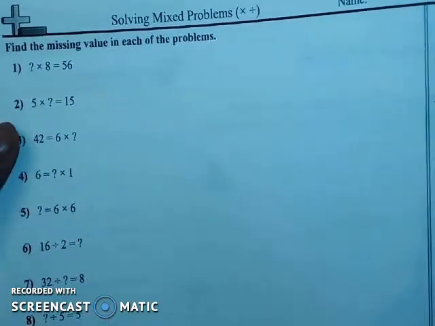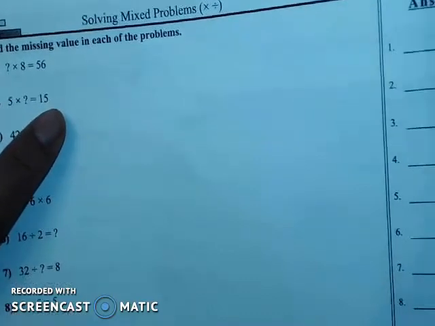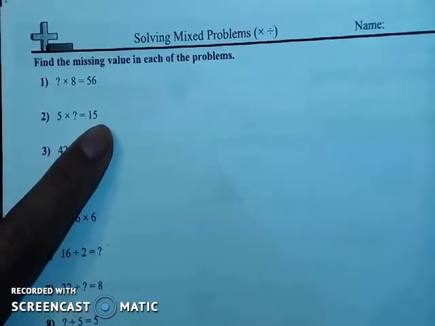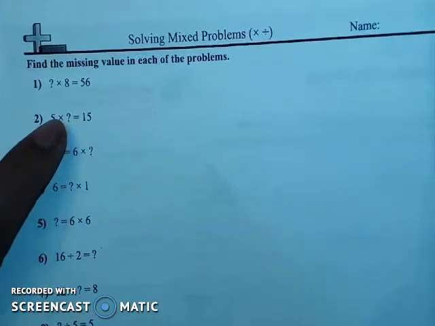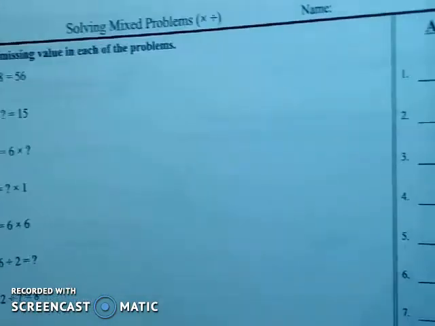Number 2, 5 times question mark equals 15. Remember, if you know your fact families, if you know your math facts, you will know that the missing fact here is 3. Okay?